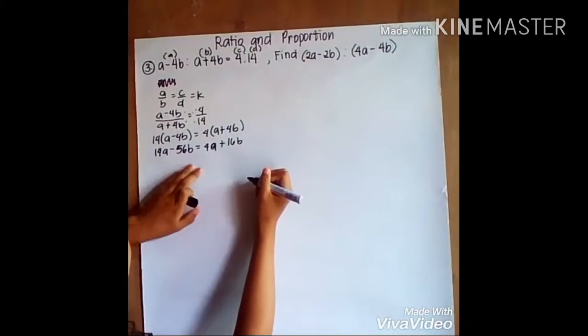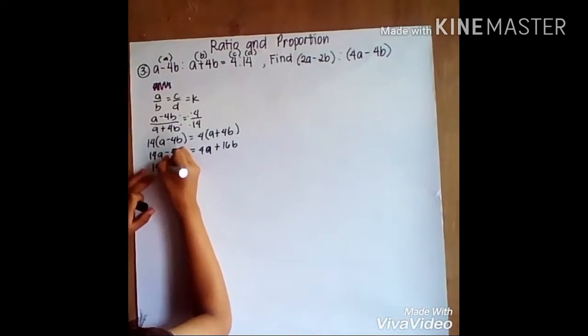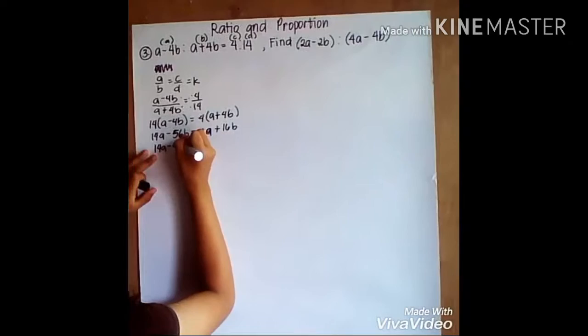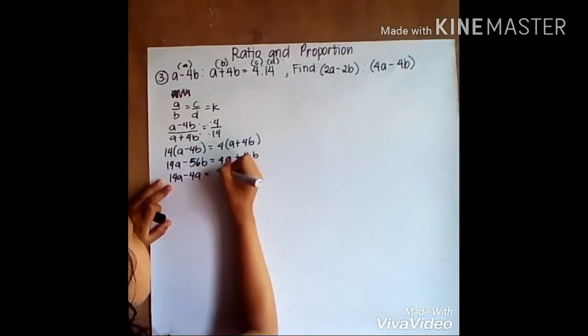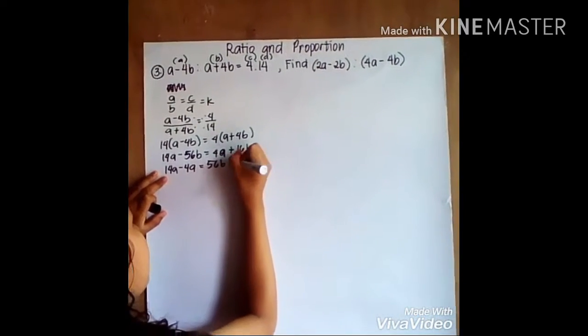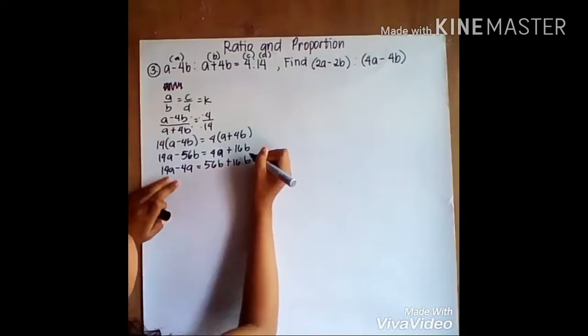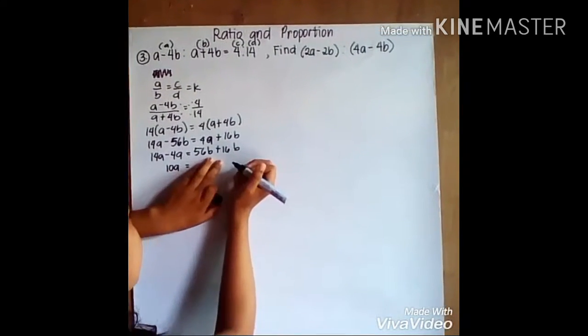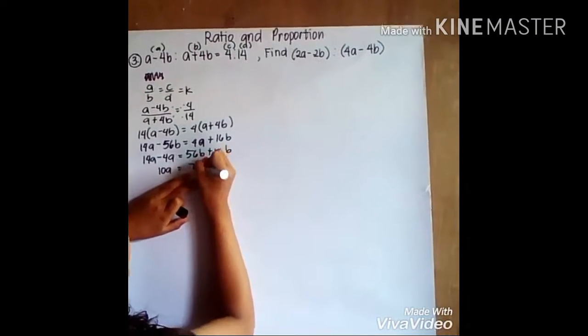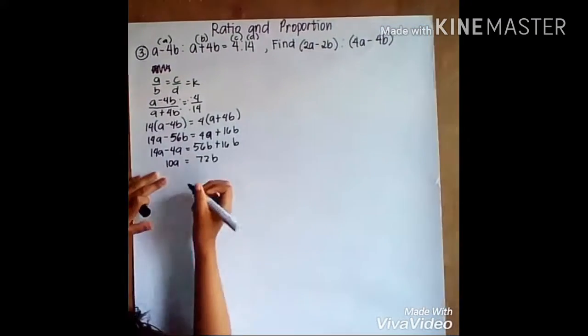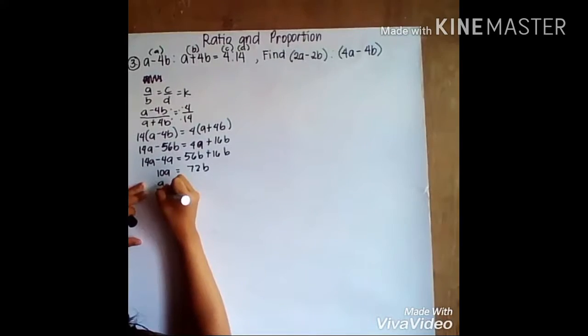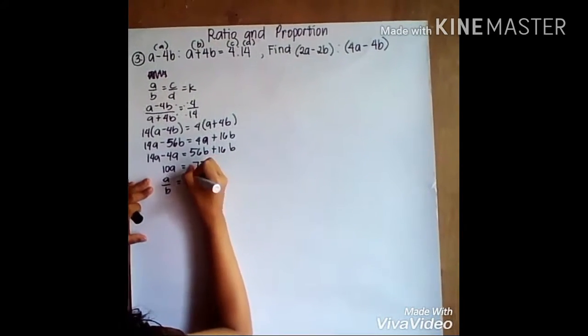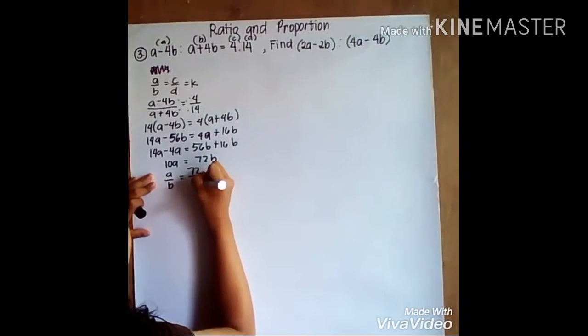So 14a minus 4a is equal to 56b plus 16b. 14a minus 4a is equal to 10a, and 56b plus 16b is 72b. So we have a over b equal to 72 over 10.